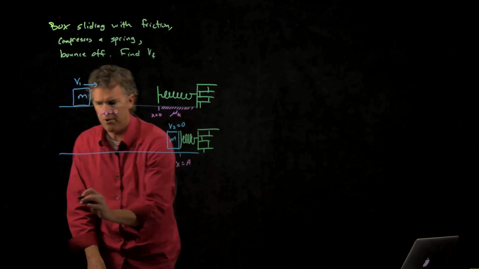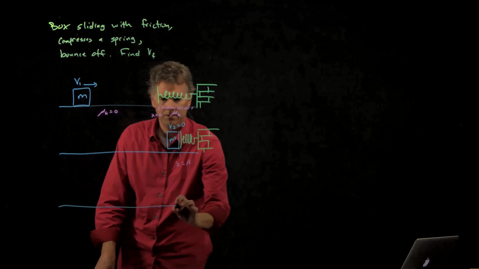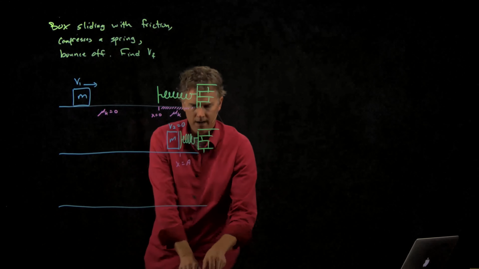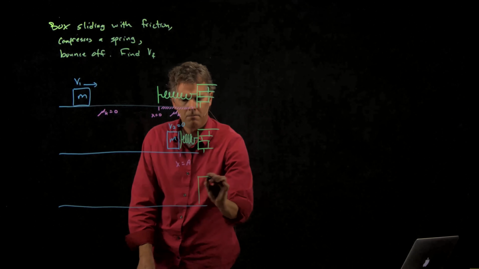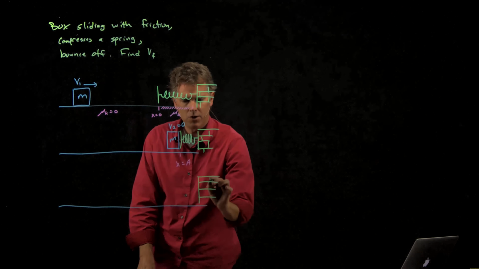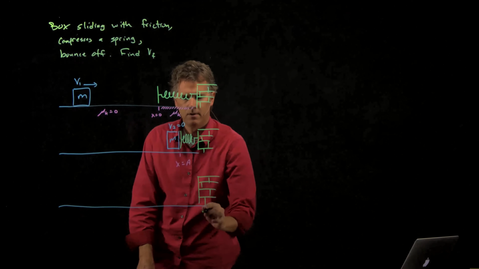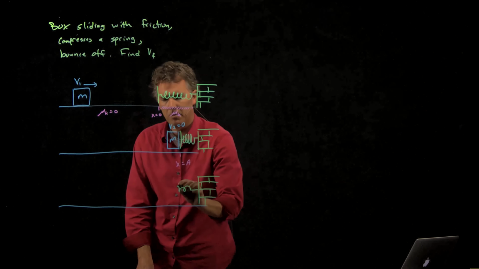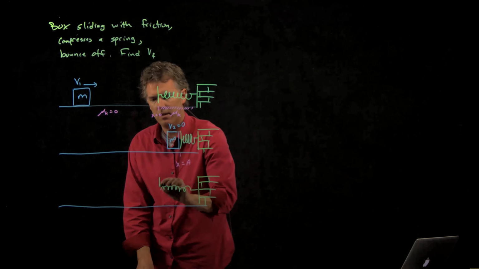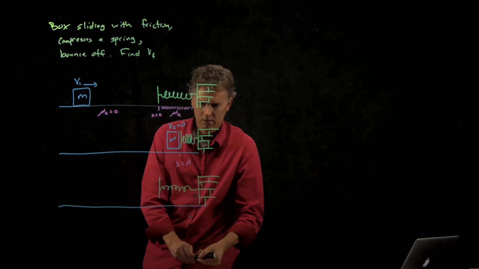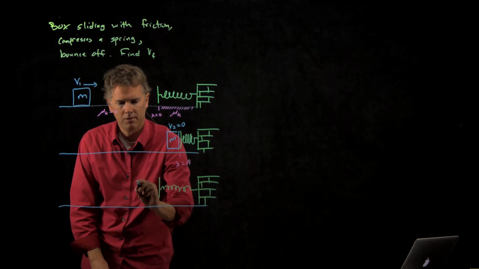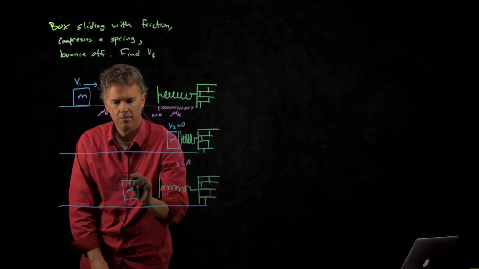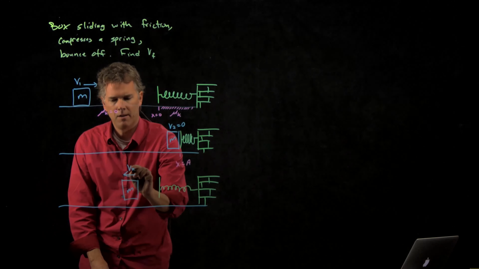And now in the third part of this, the box bounces back off and shoots back out. So the spring comes back out to its full length, back to x equals 0. Box M takes off at V3.